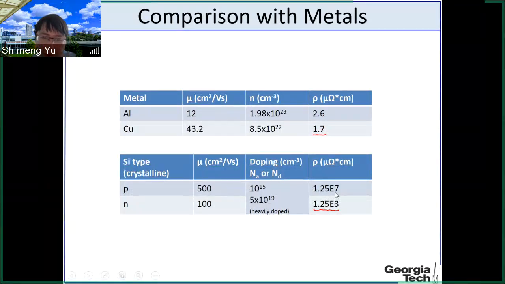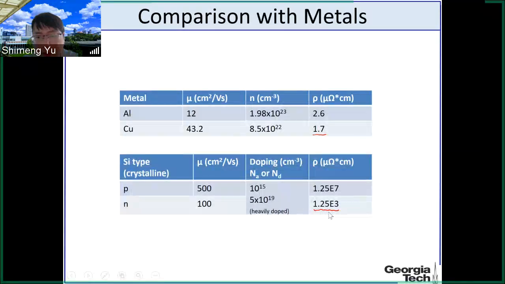Otherwise, the normal semiconductor will be like, let's say, 6 or 7 orders of magnitude higher resistivity than the metal. So it's quite resistive. But if you heavily dope, then you can lower the resistivity by, let's say, 3 or 4 orders of magnitude. Now this is closer to the metal.